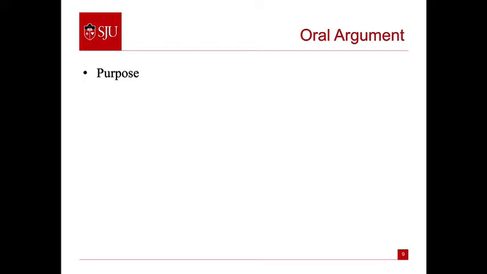And so what you have is a narrowing of the issues as you get to oral argument. So the purpose of oral argument then is really to clarify some points that were made in the briefs.